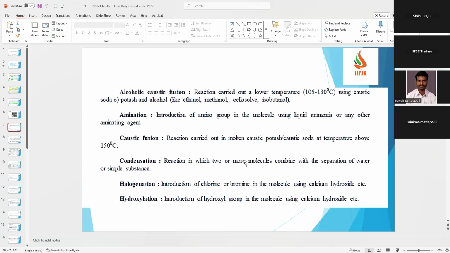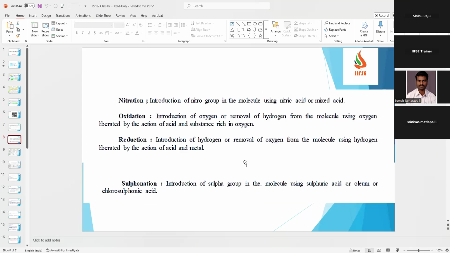And caustic fusion is a reaction carried out in molten caustic potash or caustic soda at a temperature of 150 degrees. Condensation, halogenation or hydroxylation. And nitration is the introduction of nitro group into the molecules using nitric acid or mixed acids.